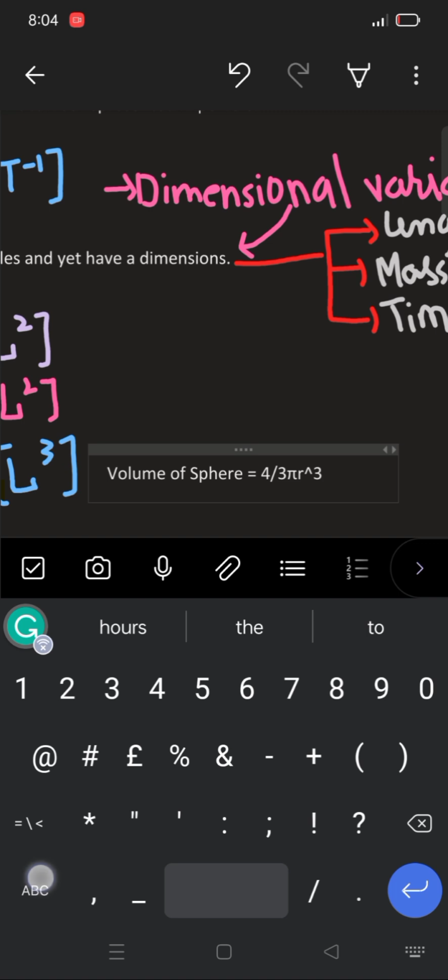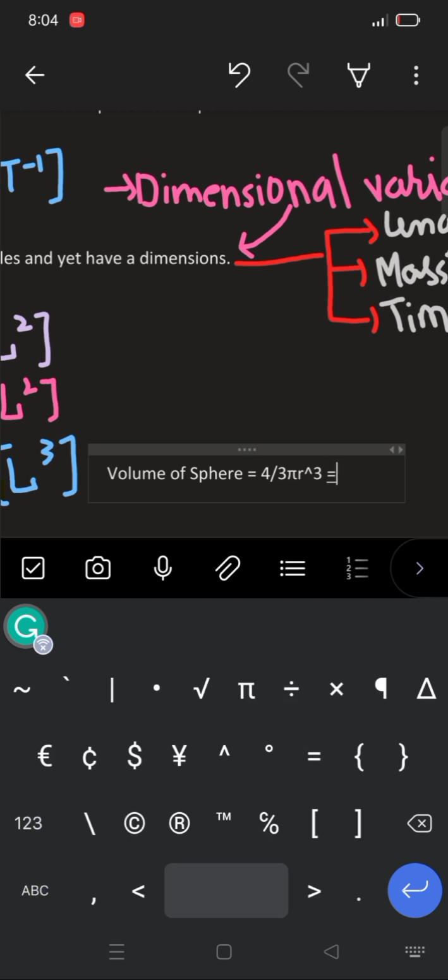So what would it be? Let's see. 4 upon 3 is a constant, so it is dimensionless. We need to neglect this here, as I initially told you. Pi is dimensionless as well.